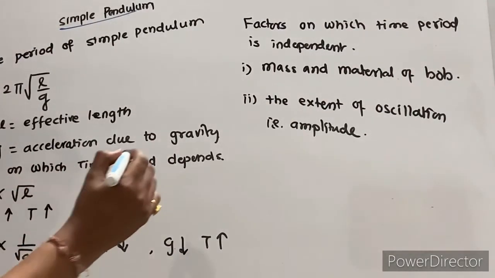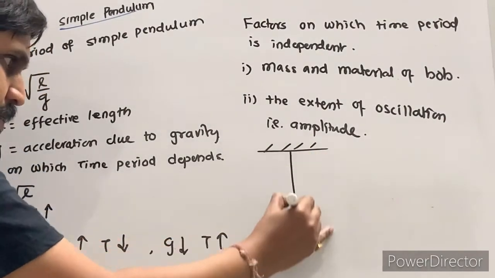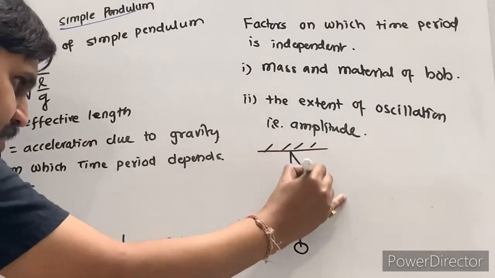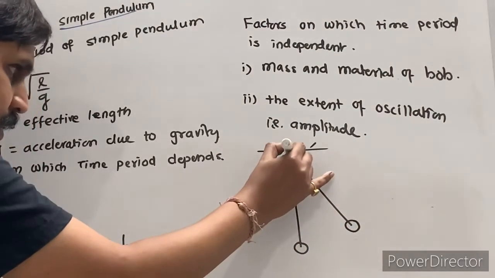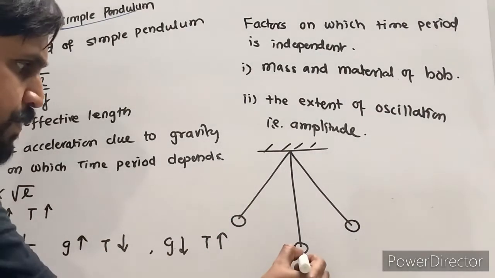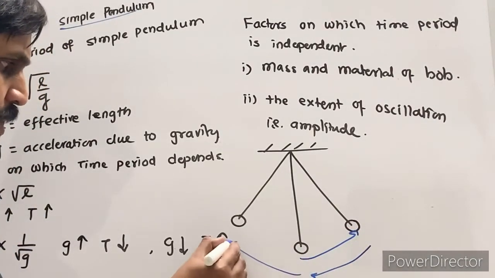This is the last part of this topic. This is the rigid support. This is the bob at mean position. This is the bob at positive extreme position, and this is the bob at negative extreme position. Now the bob is moving from here to here, then here to here, and again coming back.